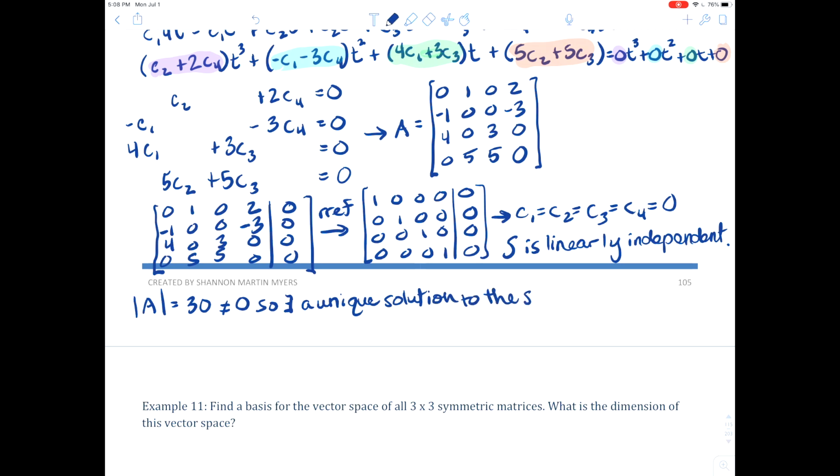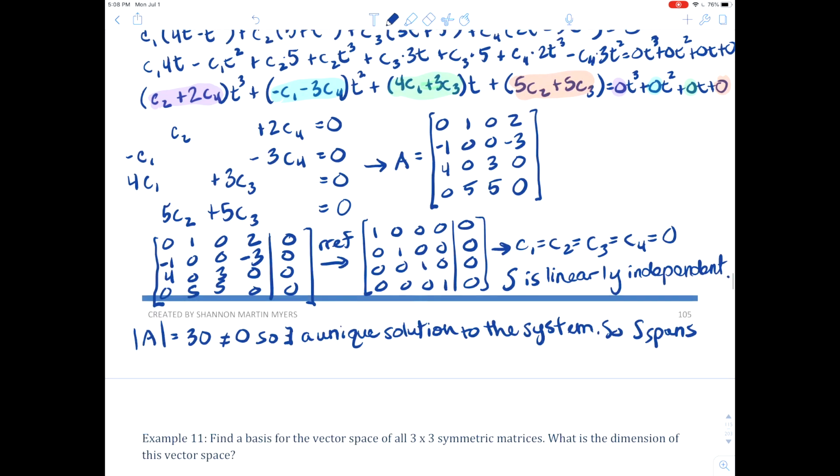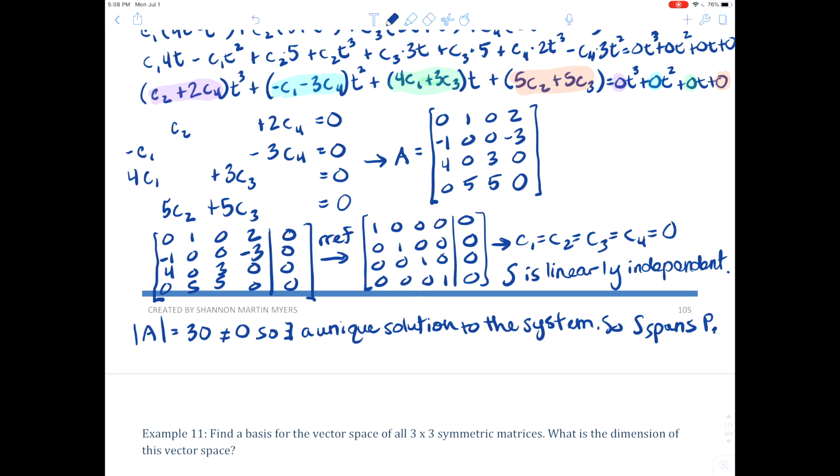Which means what? So S spans, and it would span P3. Therefore, S is a basis for P3, since it's linearly independent and it spans.